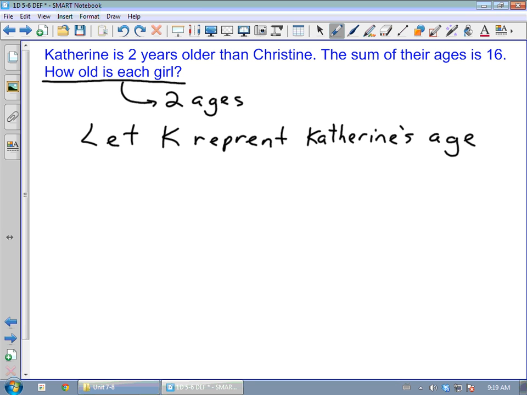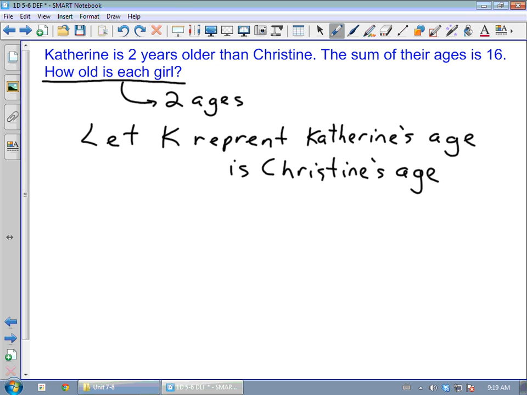What's the other thing that we're looking for here? It's Christine's age, so we need an expression to represent Christine's age. So I've just written down here, blank is Christine's age. How are Christine's age and Catherine's age related to each other?